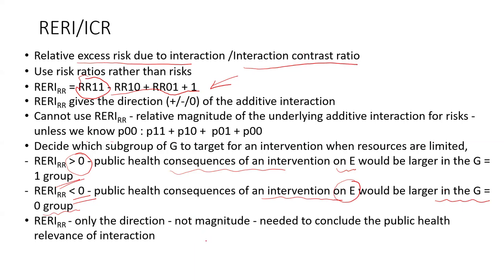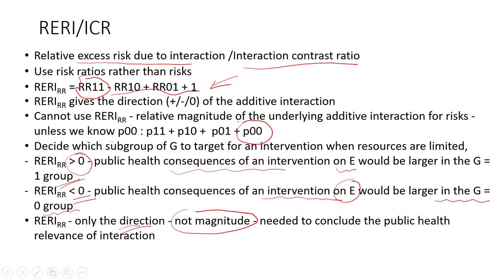RARI, unlike the previous formula, when you're using the relative risk, what I want to tell you all is that you do not give any value to the magnitude here, but only to the direction, whether it is positive or negative. Because in RARI, you do not look at the baseline risk.